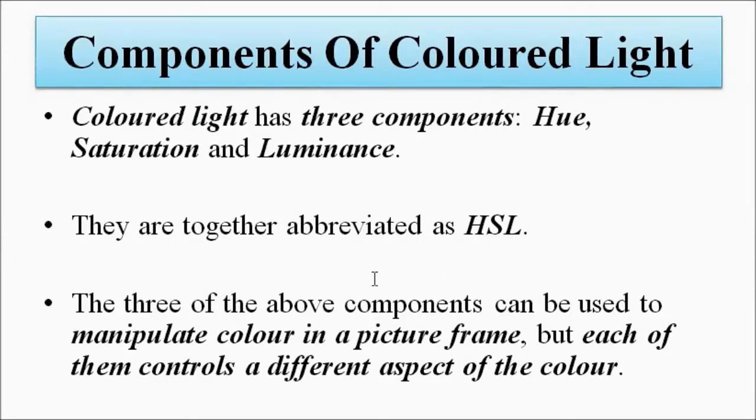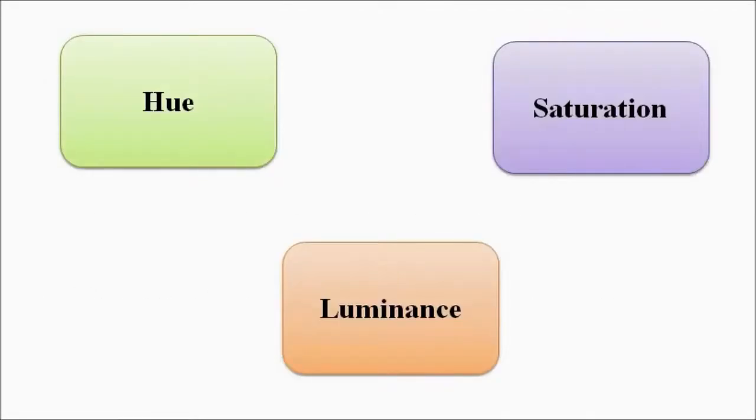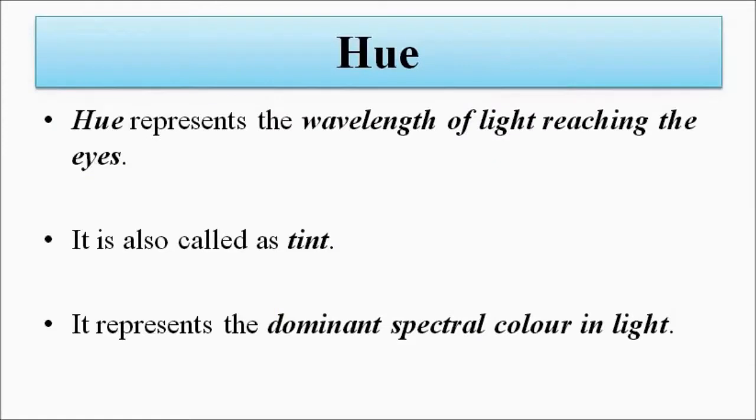Each of these characteristic features can add something extra to the color of an object. Each of them can be manipulated in different ways, and each of them controls a different aspect of the color. Okay, so hue, saturation, and luminance. So first is hue.